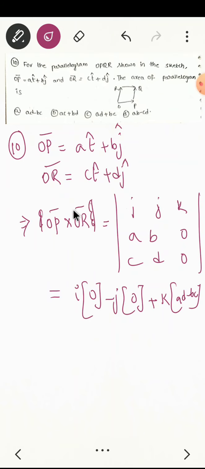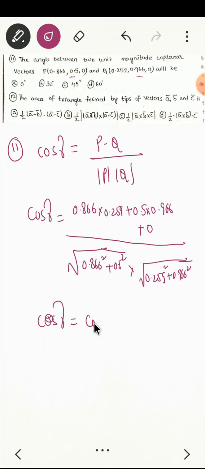Mod P is root over 0.866 squared plus 0.5 squared plus 0 squared, into root over 0.259 squared plus 0.966 squared plus 0 squared. So gamma is cos inverse of whatever value you get here, which gives 45 degrees. So option C will be the correct answer.